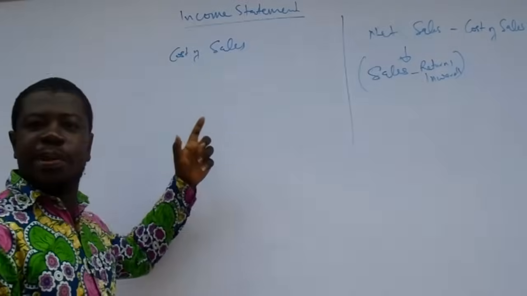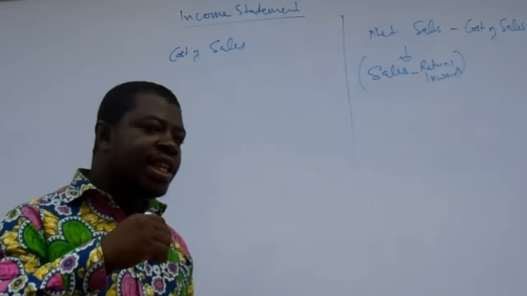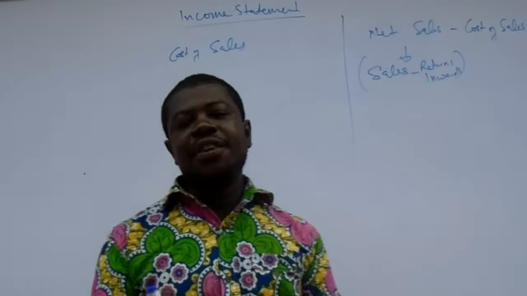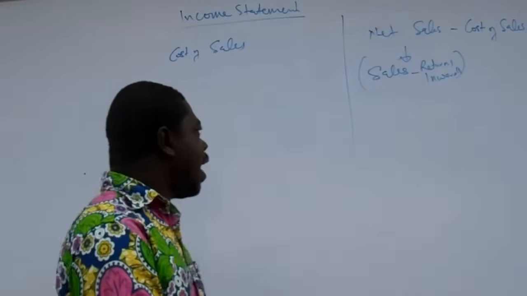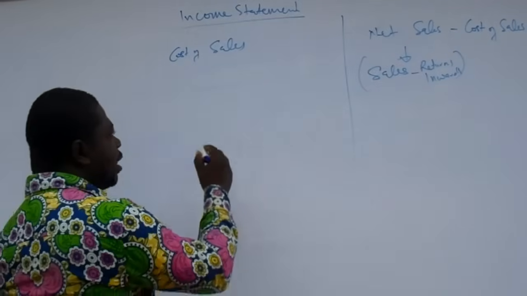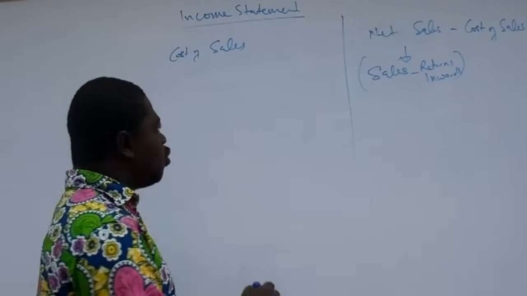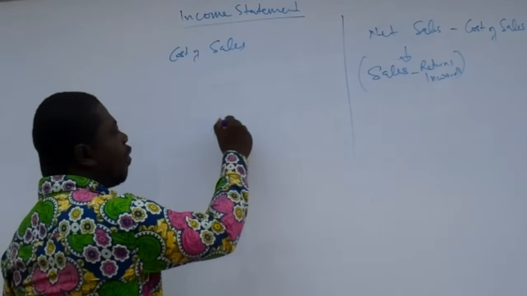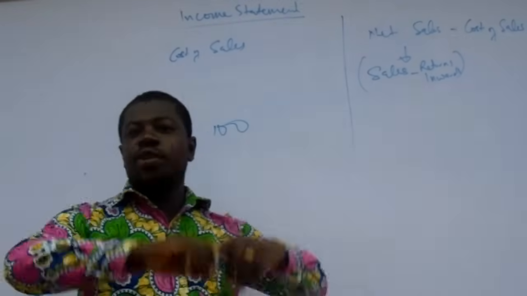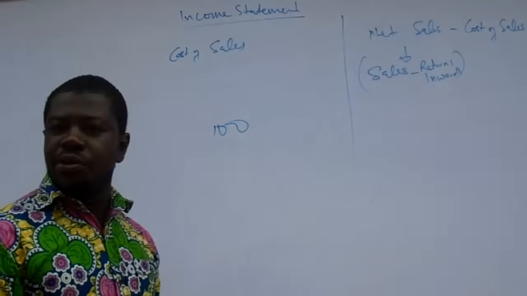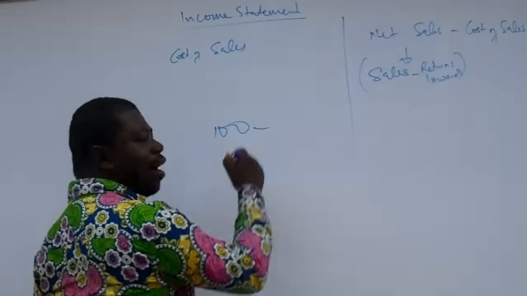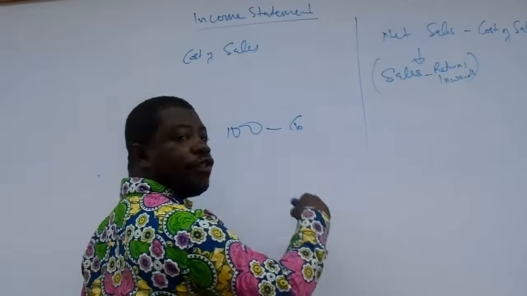And so cost of sales basically is the cost of the goods that you have sold. And so like I said, if I have 100 goods in stock and I sold 80, then it means that I'll have 20 left. And so if I have 100 goods in stock and at the end of the period 20 is remaining, the 100 that I have in stock is the goods that I had for sale.